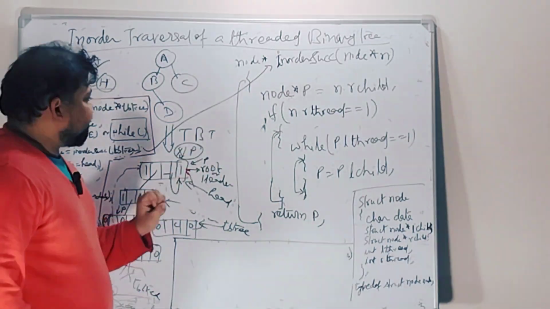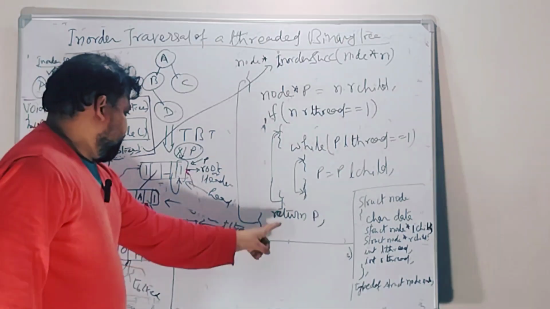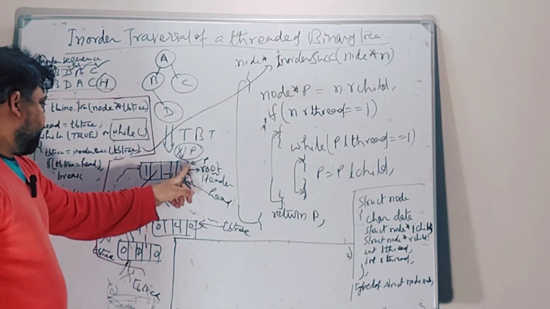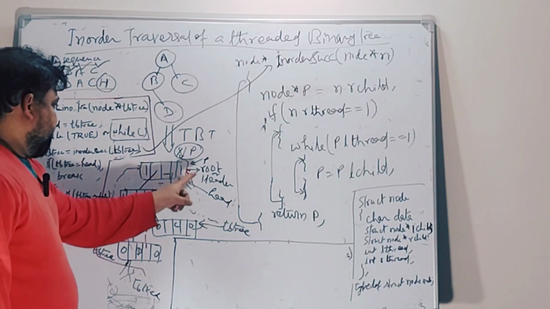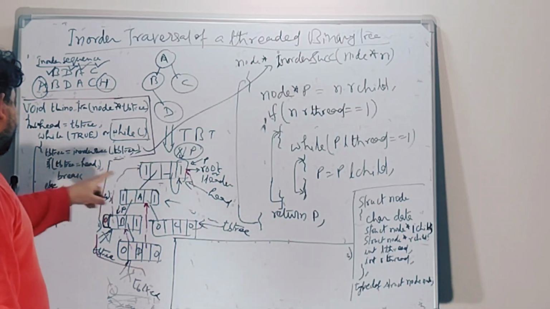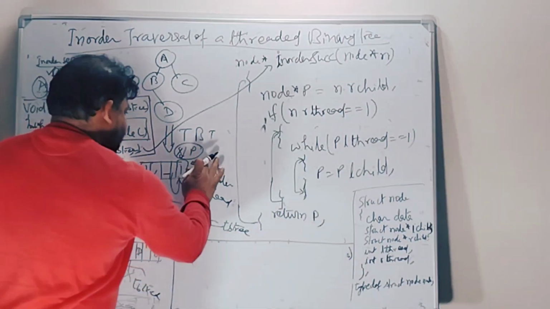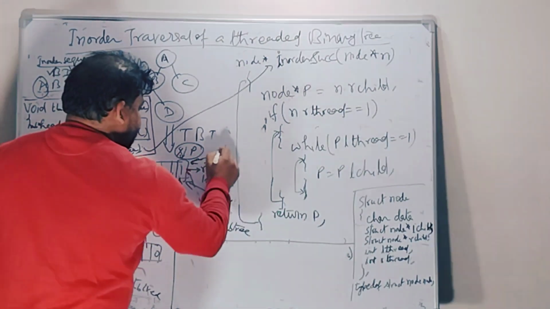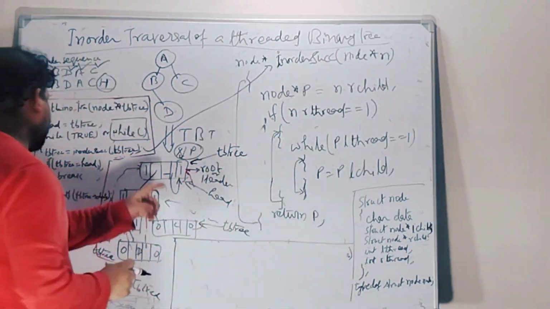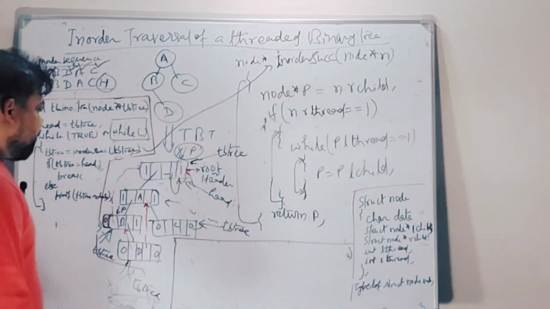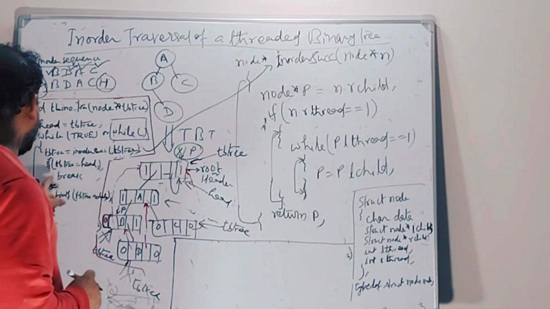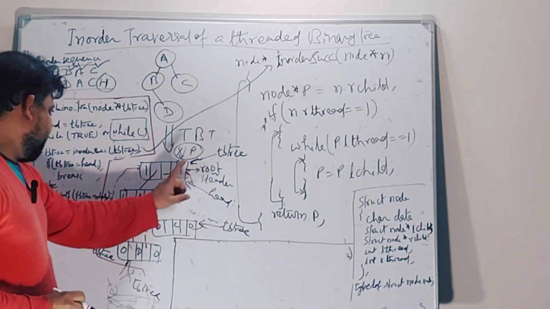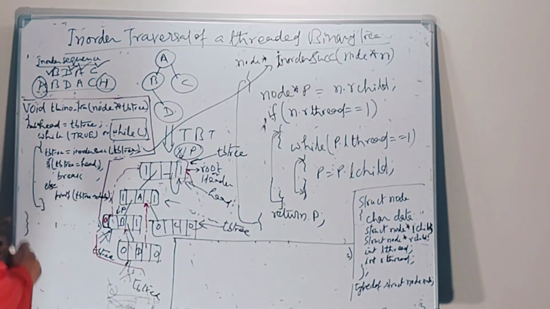So the if body will not execute, and it will return the value P. What P is pointing to here is this head. So that will be assigned to tv_tree. So P is going to be assigned to tv_tree. The next time tv_tree is pointing to this location, so now it will check if tv_tree is equal to head. Head is this location, tv_tree is also at this location, so at that time it will break.